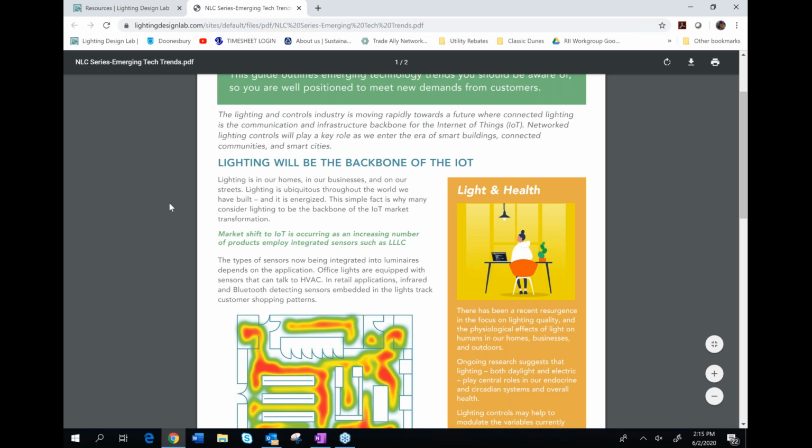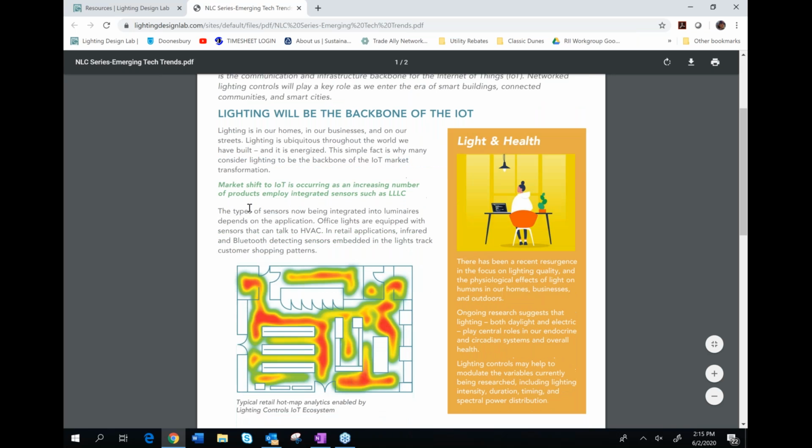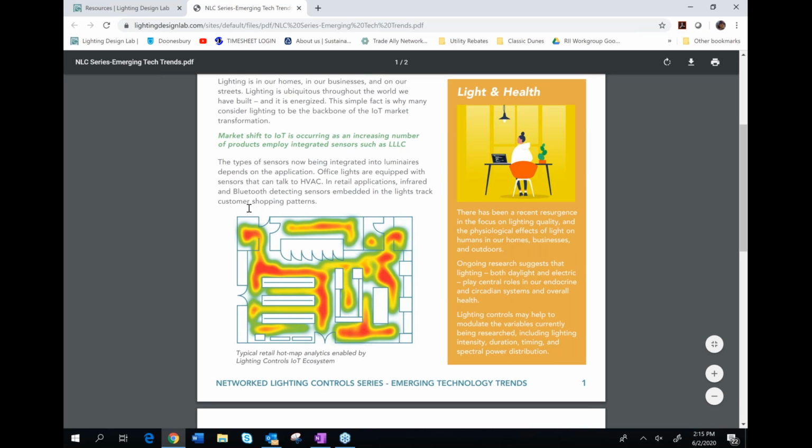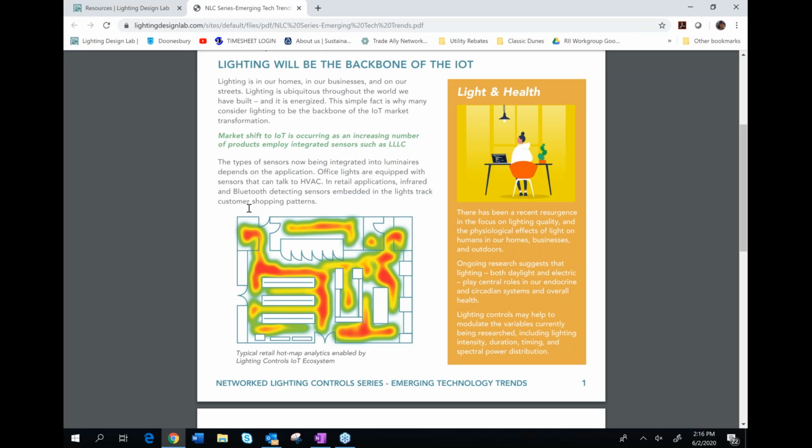So we talk about that there is power in the ceiling. With network lighting controls, there are also smart devices in the ceiling. So this guide is basically saying, hey, lighting can be the infrastructure for all of these IoT emerging technologies that can further add value to a space. We're talking about the importance now, with all the studies going on about light and health and color tunability.